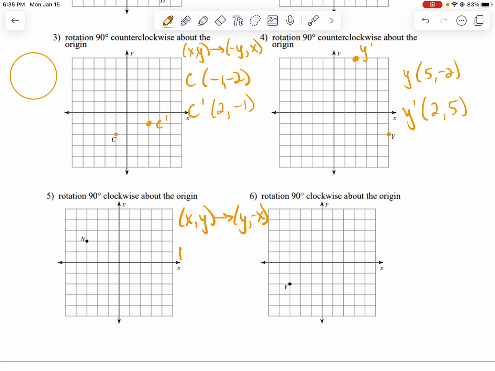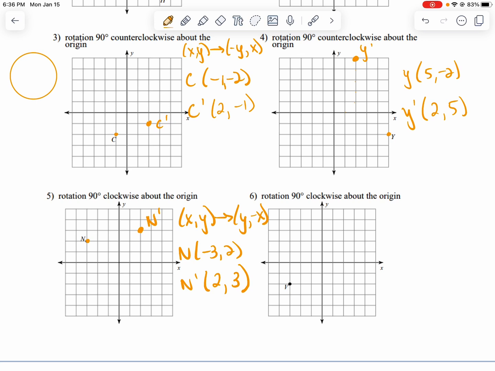So if we look at N, our N is our pre-image, and the coordinates of N are (-3, 2). So N prime, we're going to keep y the same, so that's going to be 2, and then we want the opposite of x, so that's going to be positive 3. So (2, 3), so N prime is going to be right there.